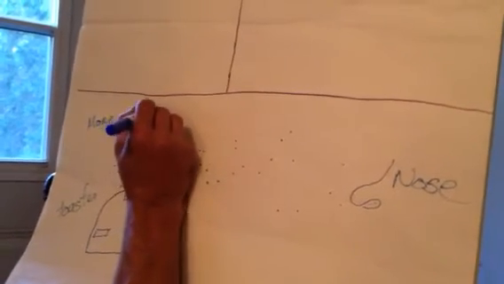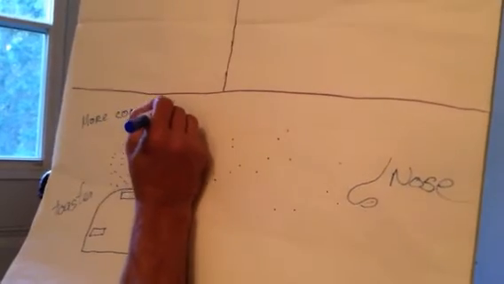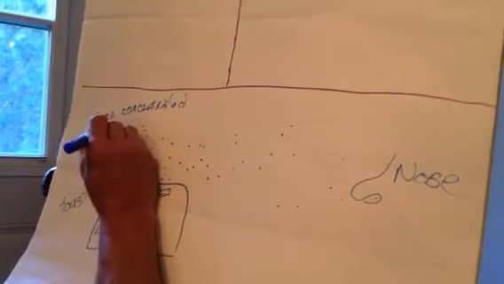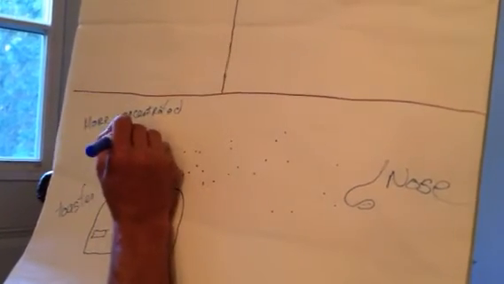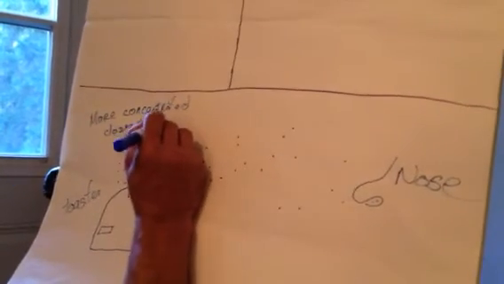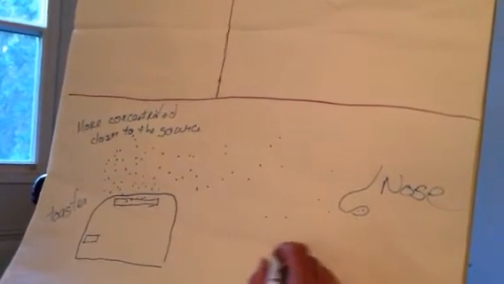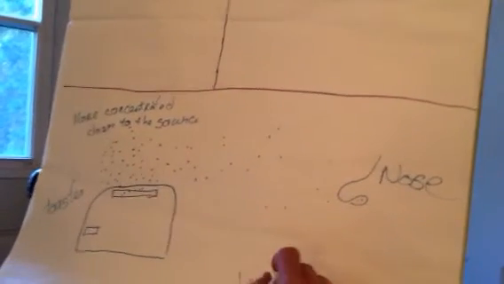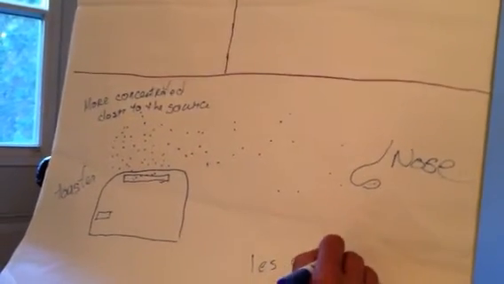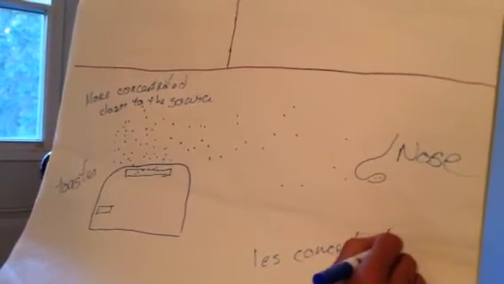So in the meantime, I would like to just remind you of some of the ideas that we had. What we said that we know is that odor can be smelled through our noses from a distance, and we want to know how it gets there. Some of the ideas that we had were air, wind.